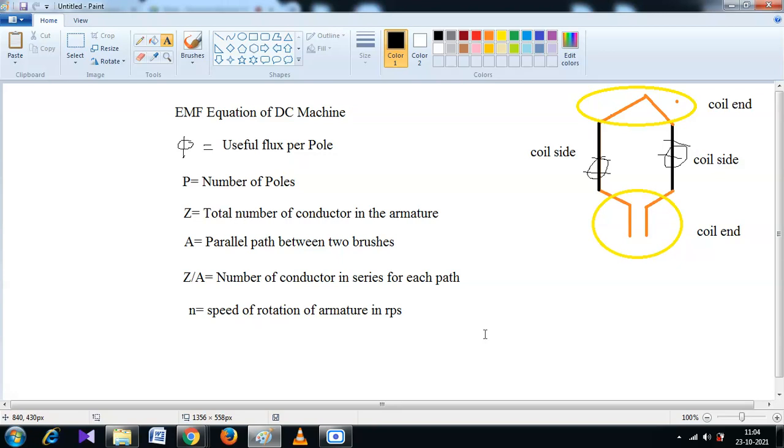Revolution per minute. And what is the full form of RPS? Revolution per second.